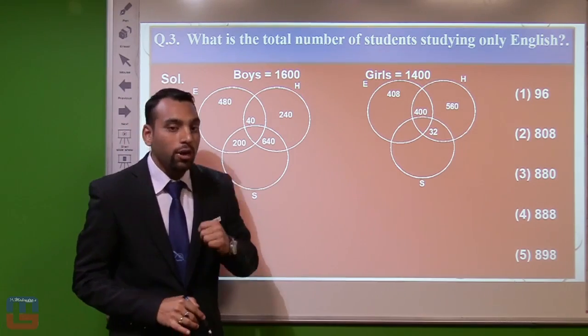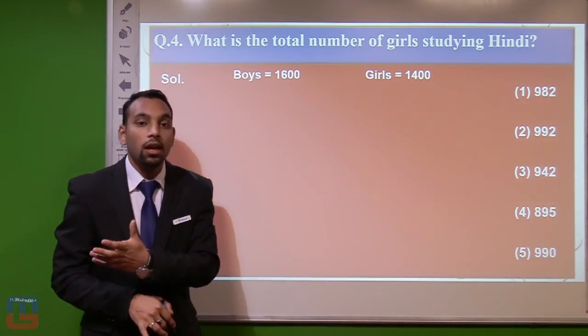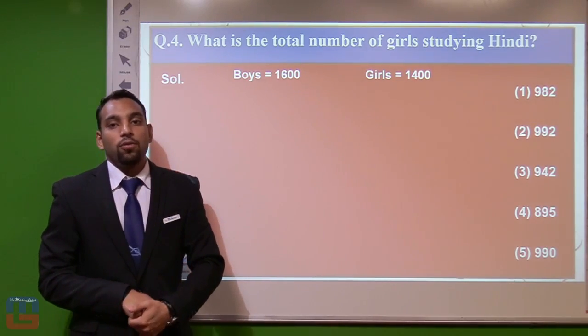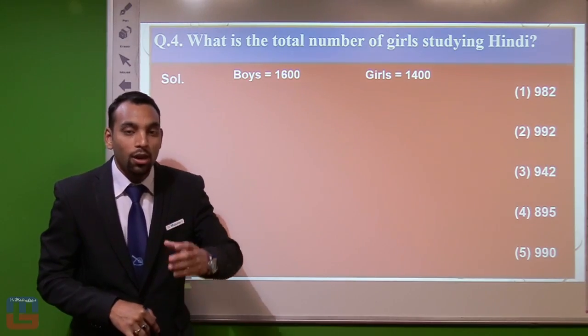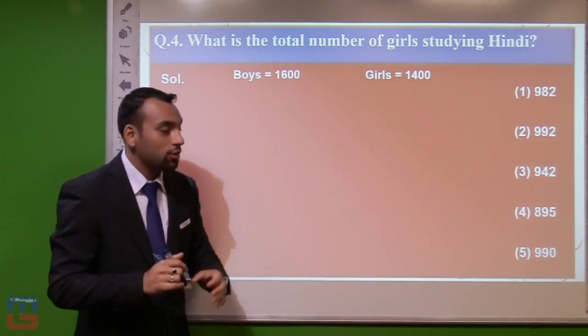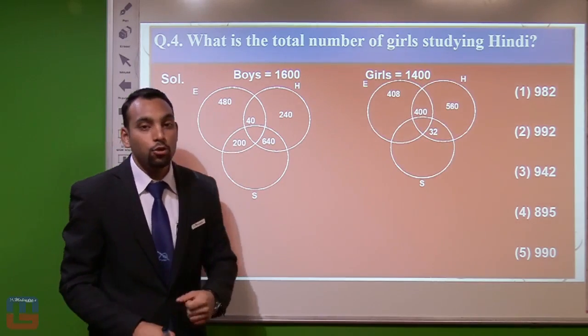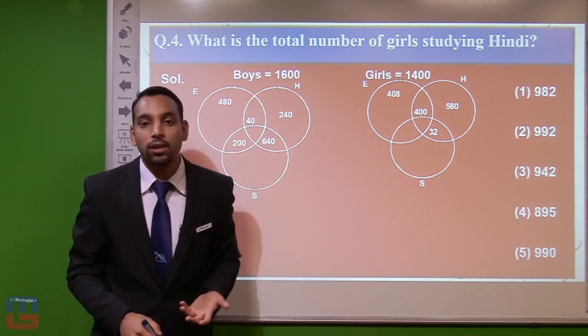Right, now let us move to the next question and see what it is saying. What is the total number of girls studying Hindi? Now you tell me how we will calculate the answer. Because I am giving you a Venn diagram for the boys and a Venn diagram for the girls, and you have to find the answer within 20 seconds.